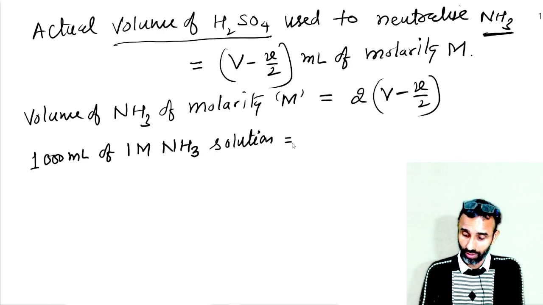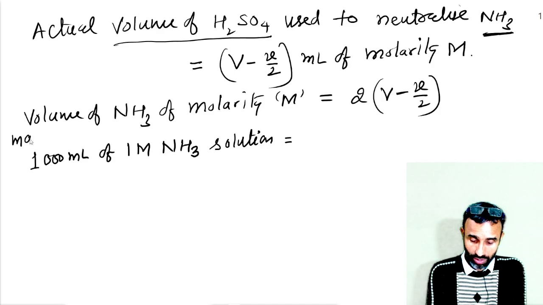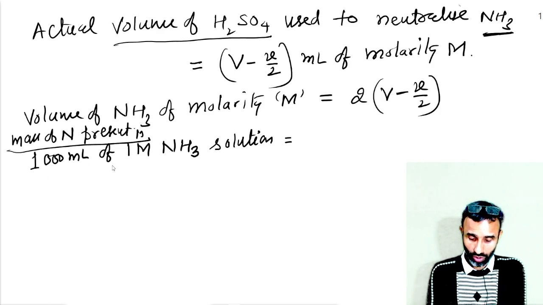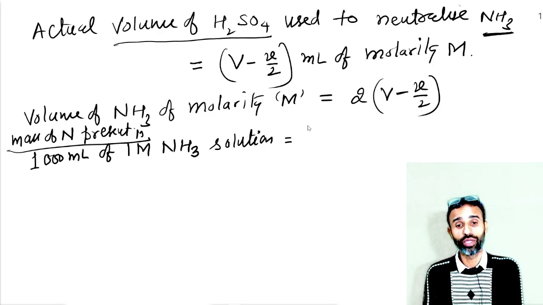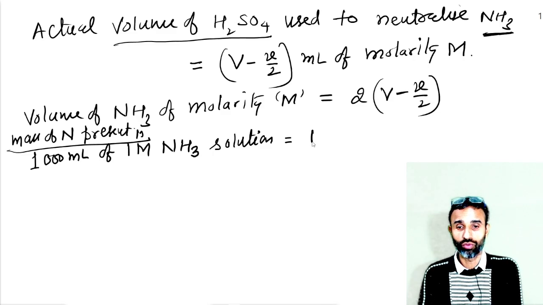So the mass of nitrogen present in 1000 ml of 1 molar ammonia solution is equal to 14 gram.